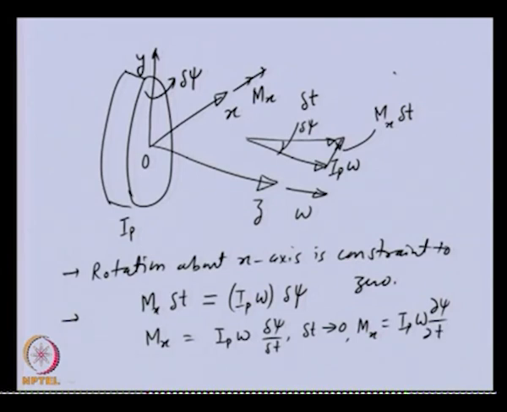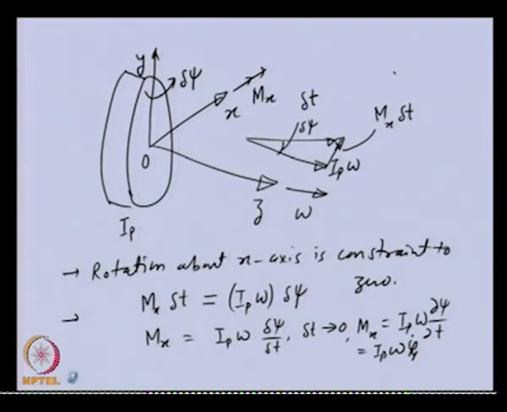This angular velocity we write as phi y dot, because it is tilting about y axis.